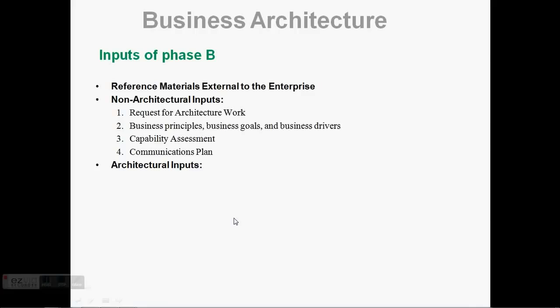The other type is the capability assessment. It is about what the capability level of the enterprise as a whole is. Where does the enterprise wish to increase or optimize its capability? Or what are the architectural focus areas that will support the desired development of the enterprise?